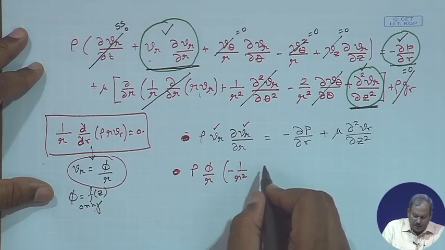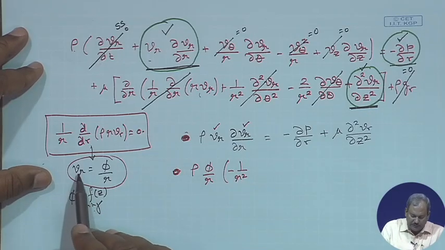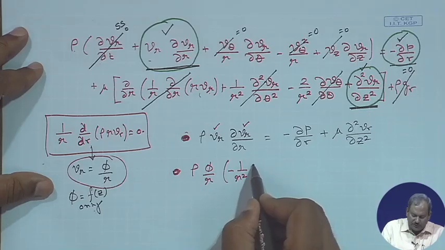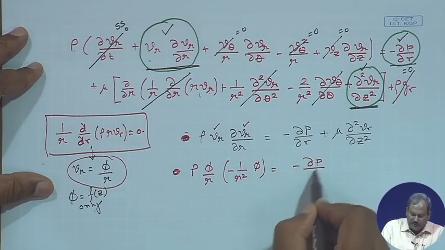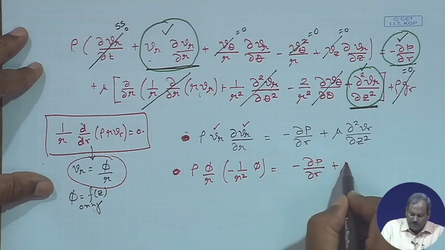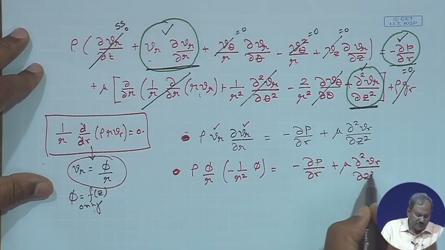So del V r del r would be 1 by r square into phi, equal to minus del P del r plus mu times del square V r by del z square.